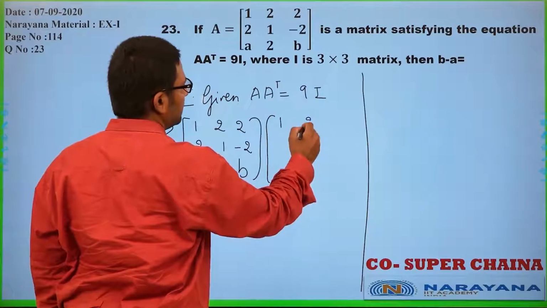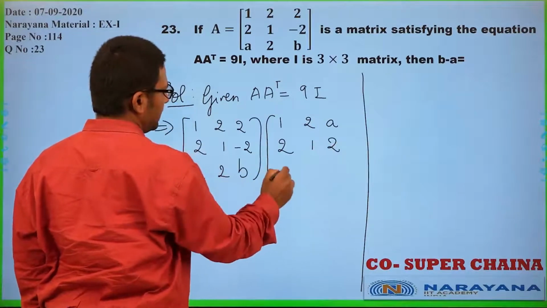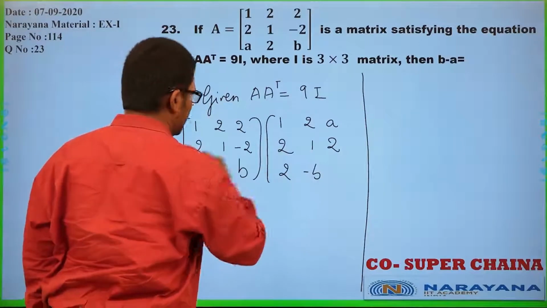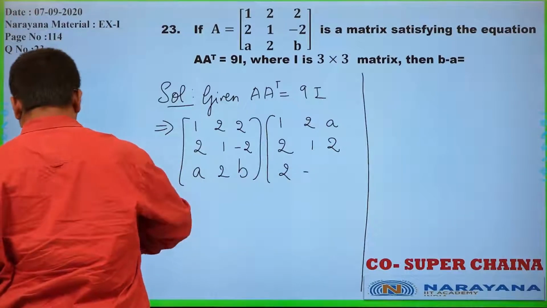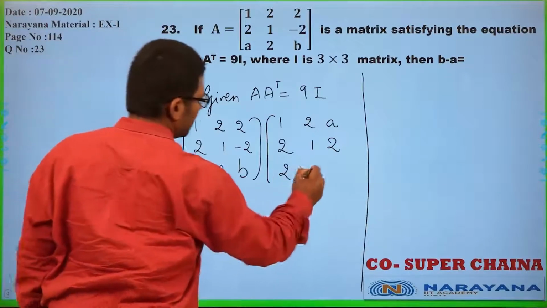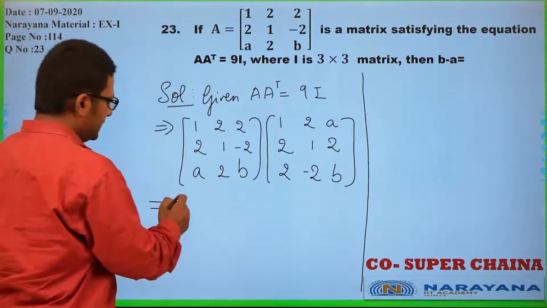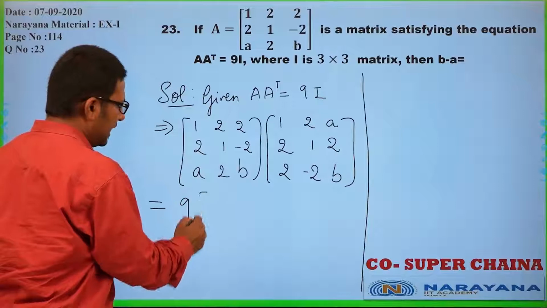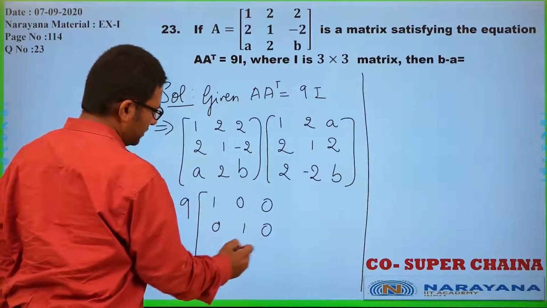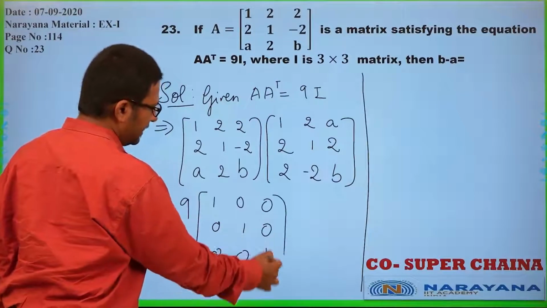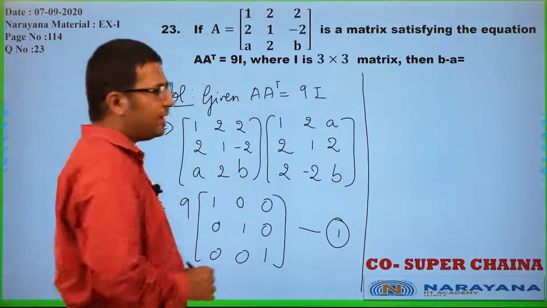So [1, 2, a; 2, 1, 2; 2, -2, b], A A transpose is 9I, I is [1, 0, 0; 0, 1, 0; 0, 0, 1], right? Let us mark this as equation 1. Let us only solve LHS, okay?